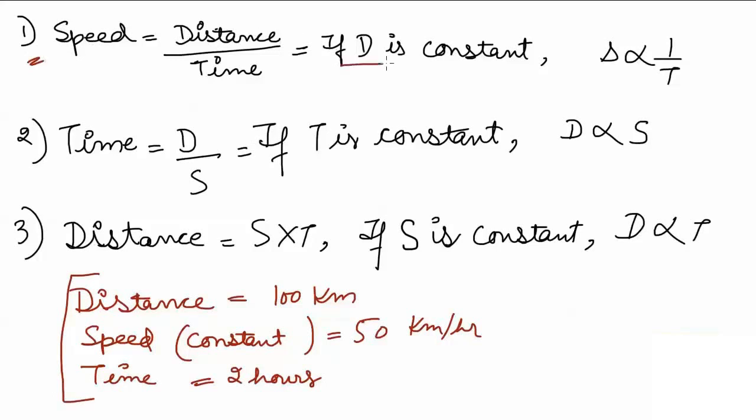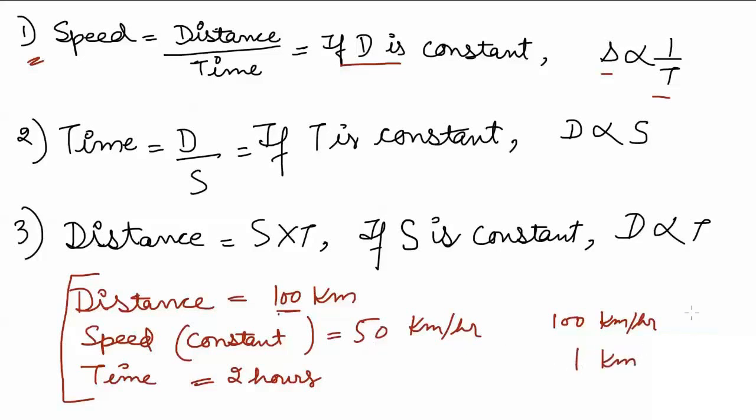If the distance is constant, the speed is inversely proportionate to the time. So if the distance is 100 kilometers and the speed increases to 100 kilometers per hour, then obviously the distance can be covered in 1 hour.